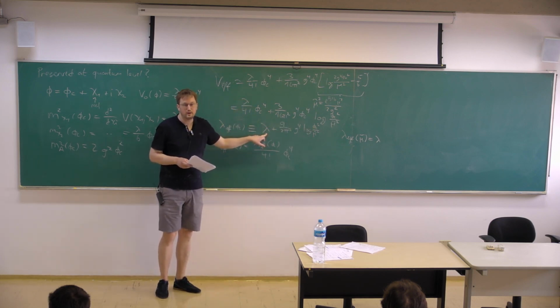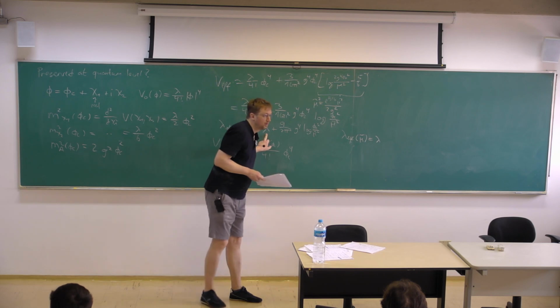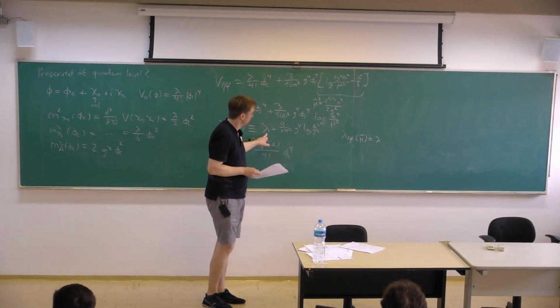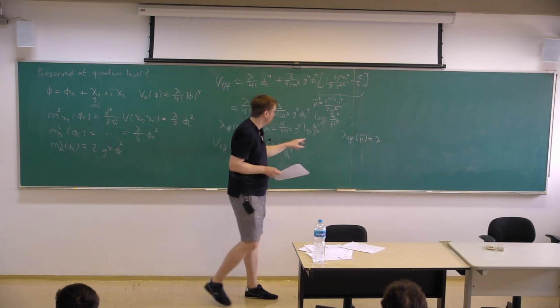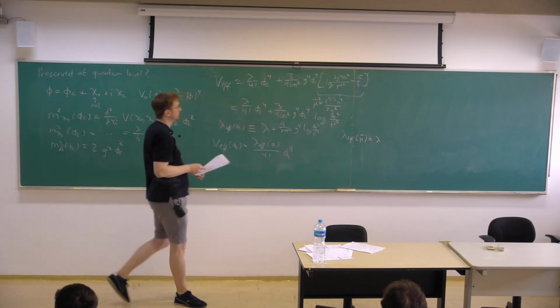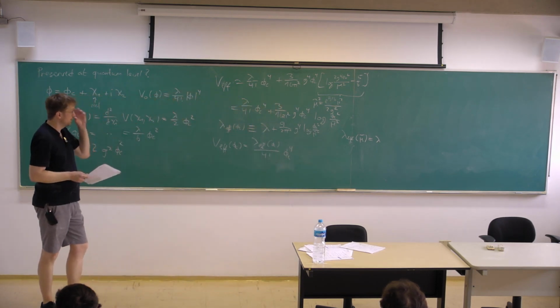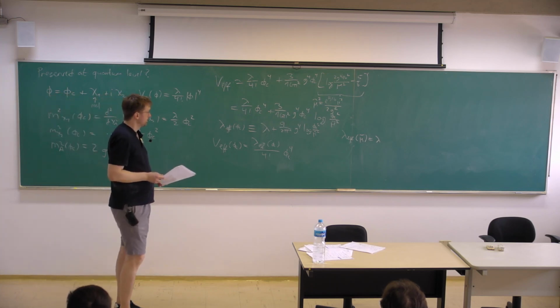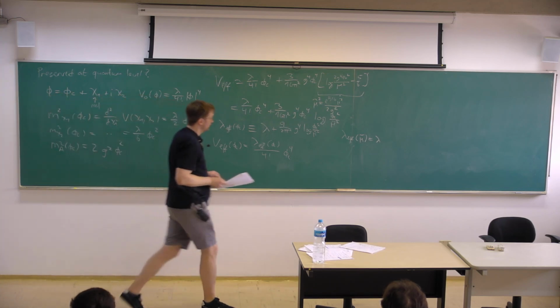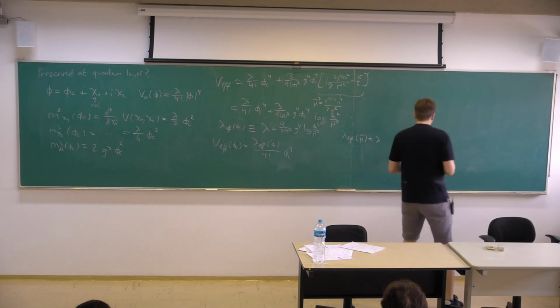So this is the physical meaning of the scale mu, or mu tilde, that enters after I use dim reg. It's the RG scale where I define the coupling.